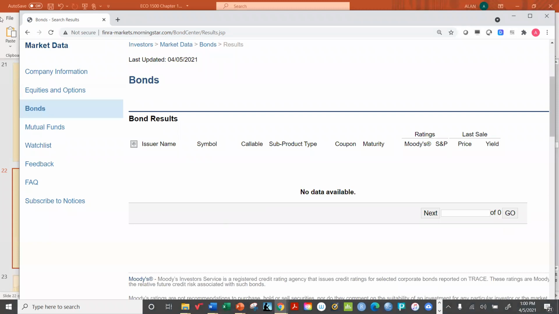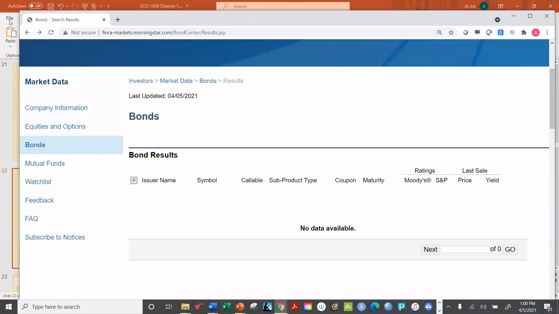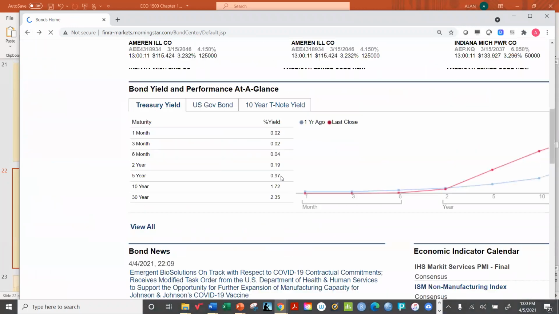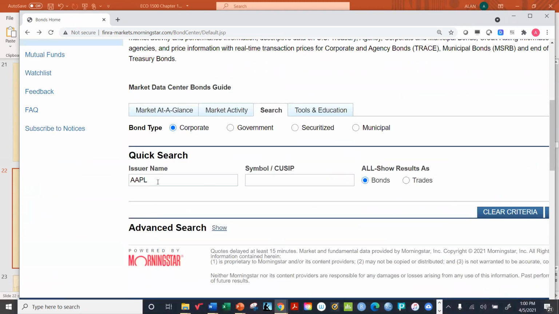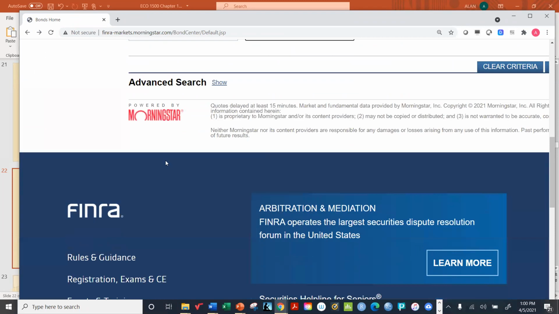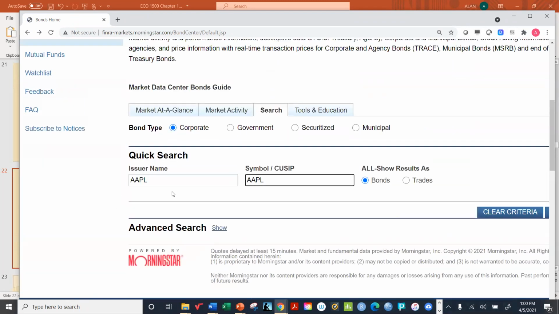Oh no, you know what happened? Because I used the ticker symbol instead of the name. I guess here we want the name. All right, let's try that again. If I put it over here, that will do the job. Oh man, it's not happy with me.